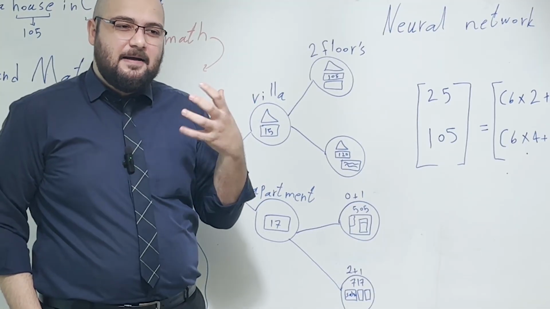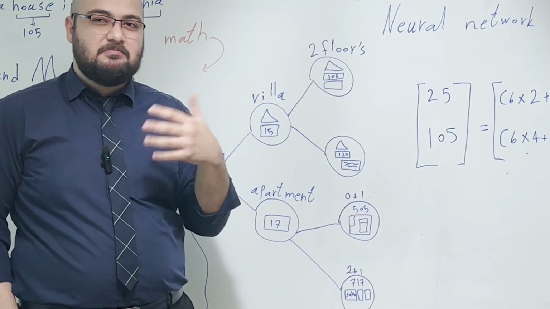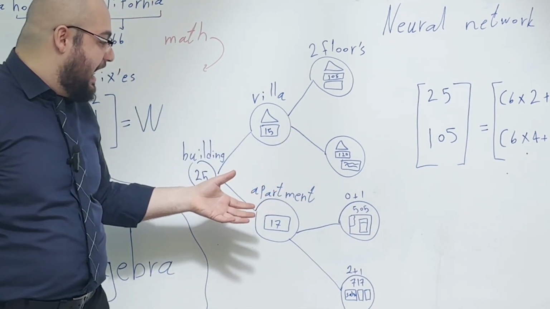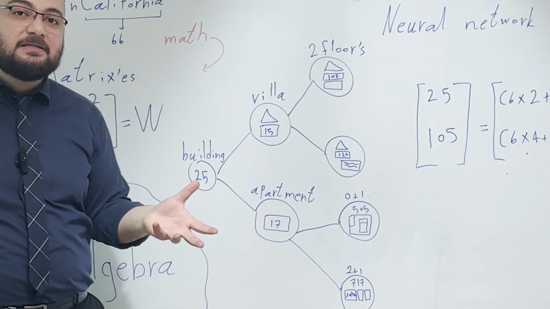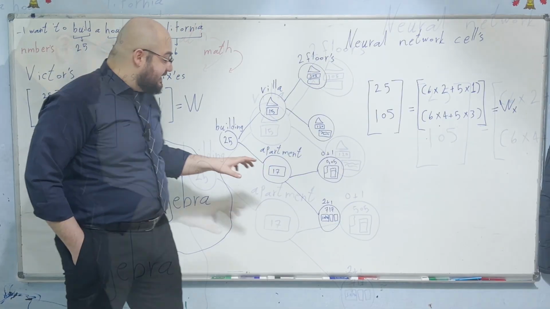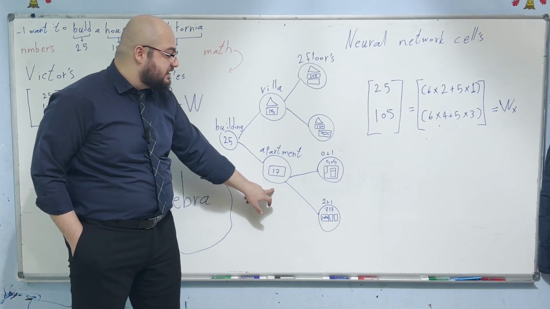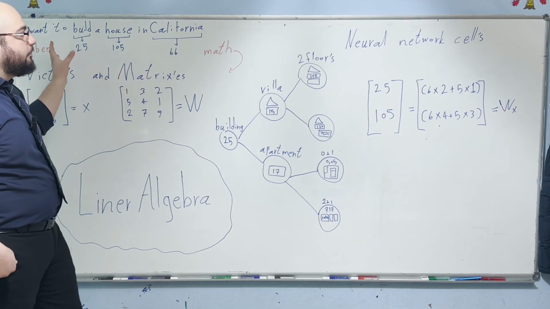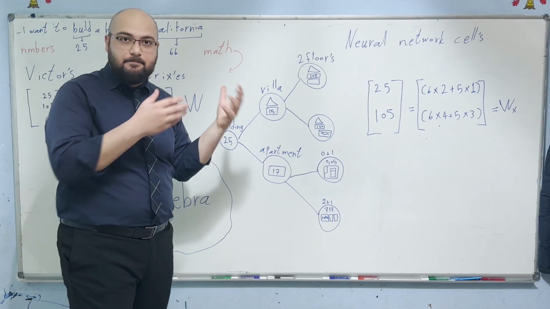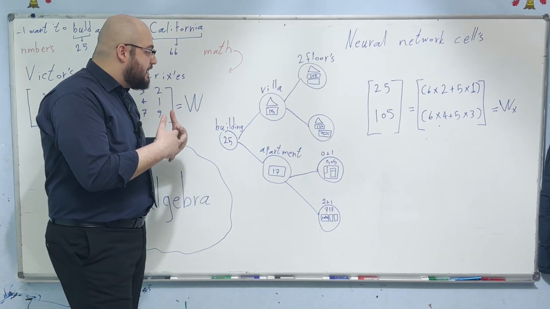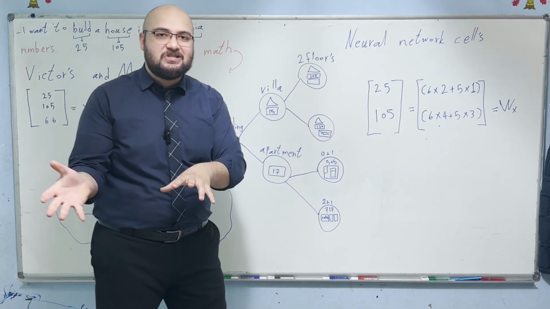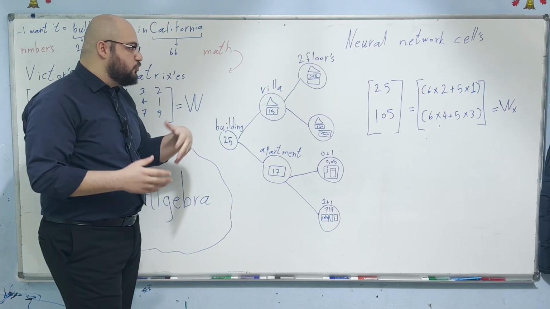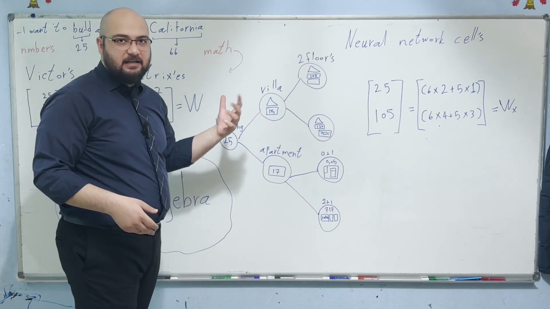Do the people in California mostly build apartments, or build villas? It takes that point and analyzes it based on the other points in the first question. So let's say that 99% of the people in California usually build villas.